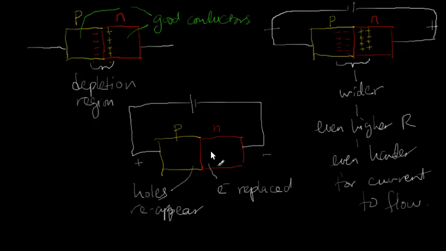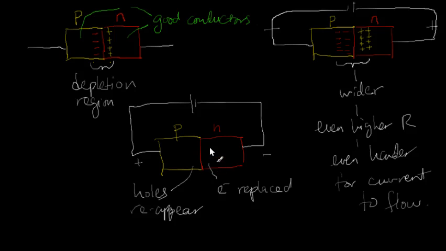We put back the electrons that had diffused away, and the holes that got filled up, we clear them again by taking away the electrons. So the holes reappear, and the holes can carry current; electrons are replaced, and electrons can carry current. No more depletion region, no more high resistance region.